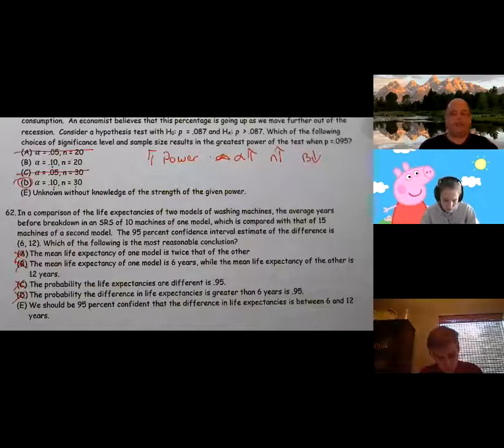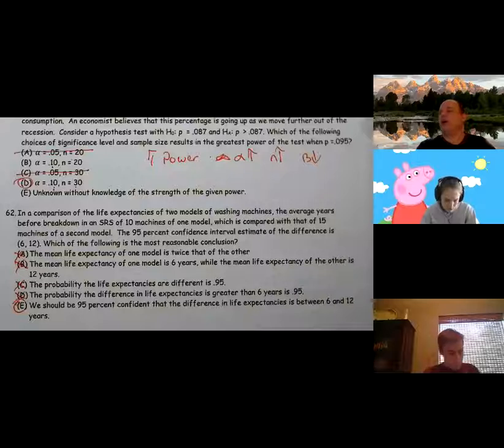That is basically our conclusion statement. We are 95% confident that the true population difference in life expectancy lies within the interval 6 and 12 years. So basically, this is essentially a restatement of our confidence interval definition.